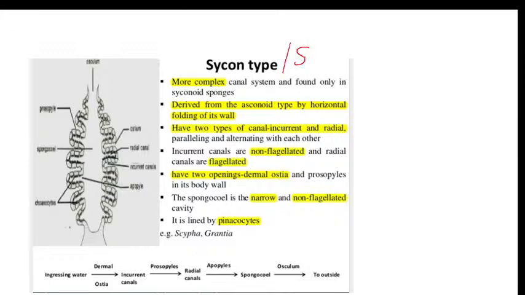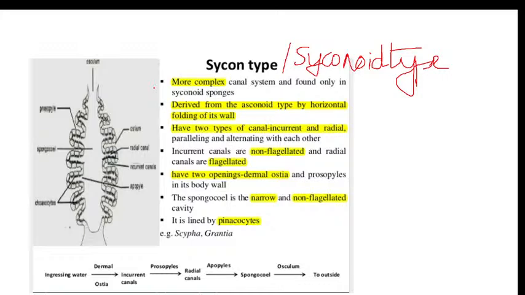Cycon type or cycanoid type. This is much more complex than the asconoid type, and the cycanoid sponges are larger than the asconoids and they have a tubular body with a single osculum.